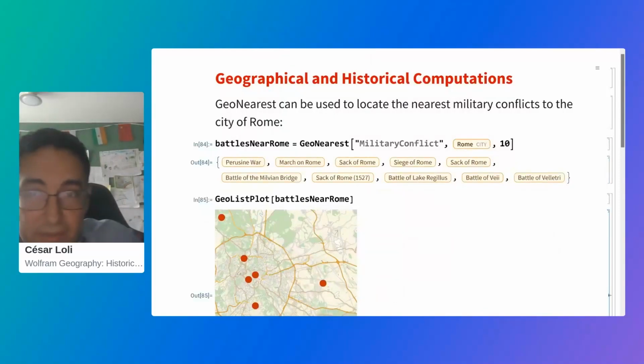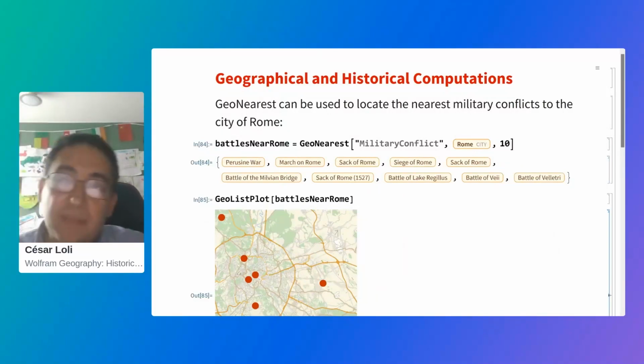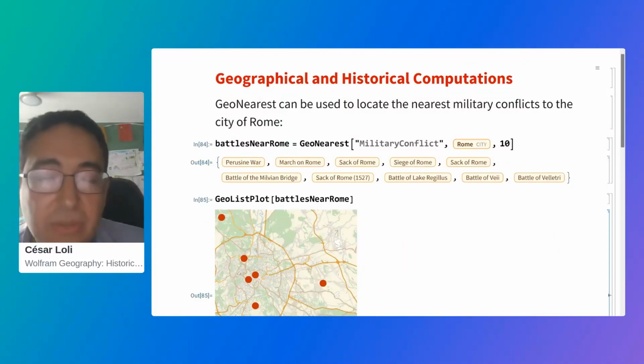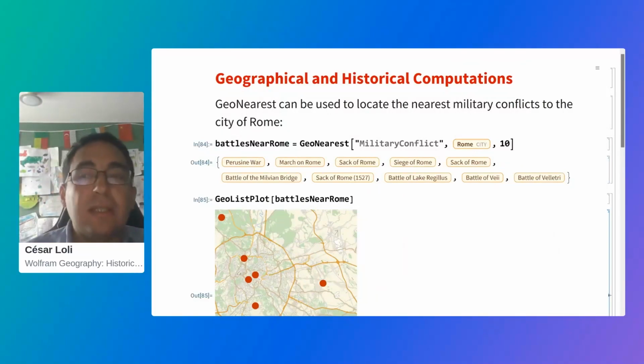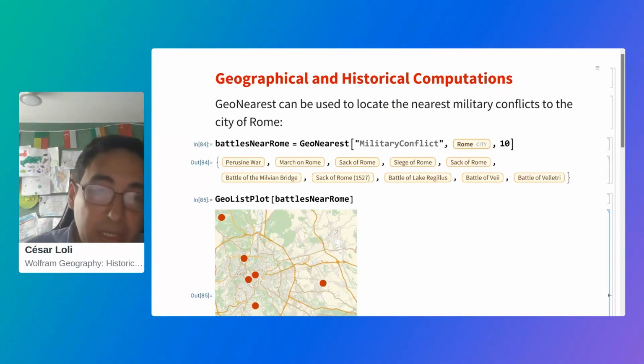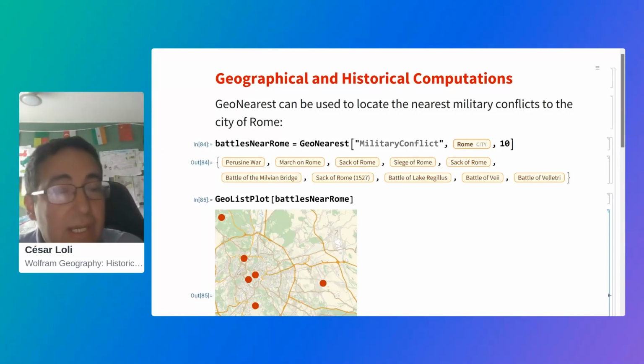Now, an important thing: I have only shown so far historical countries. So far, the domains that we have with historical support are only military conflict and historical country.